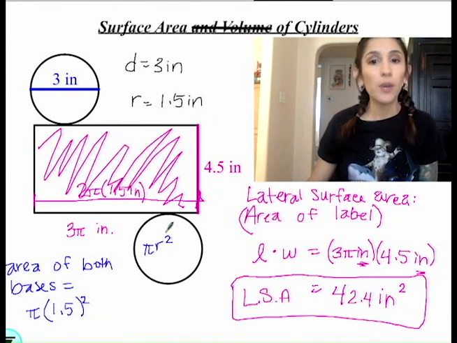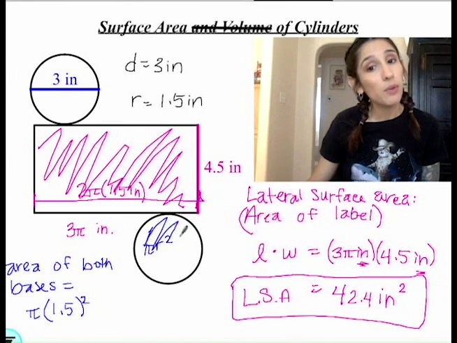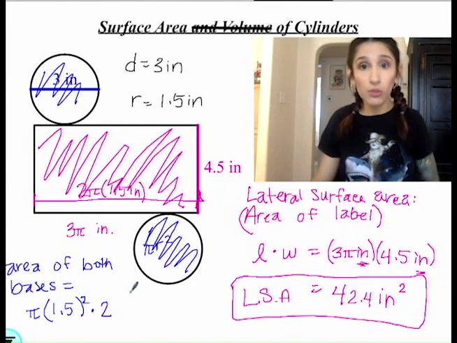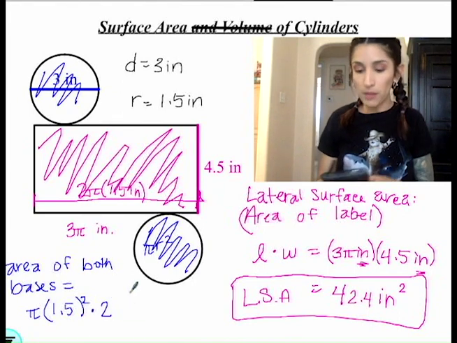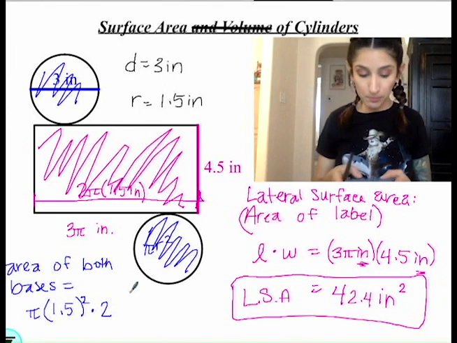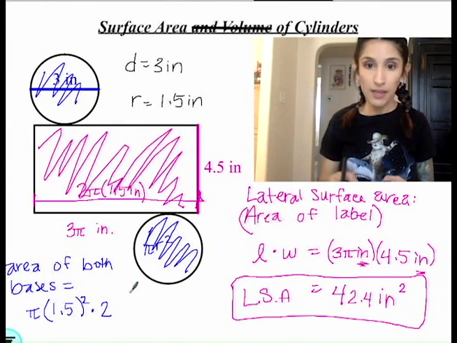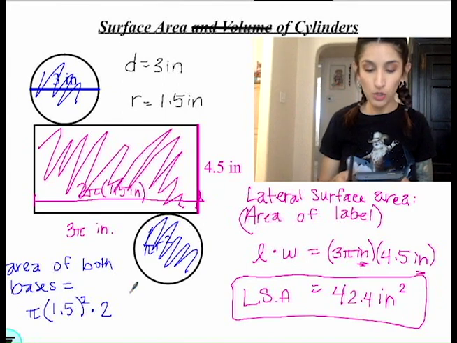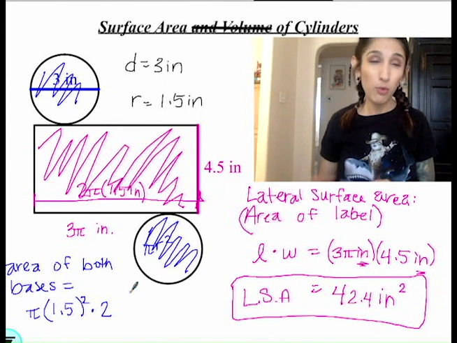Pi r squared, and that would be for one of them, so that'd be one surface area, but if I want to do the other one as well, I'm going to multiply this number by 2, because I've got 2 of those circles. So now let me put that into my calculator. We've got pi times 1.5 squared times 2. That'll give me about 14.1.